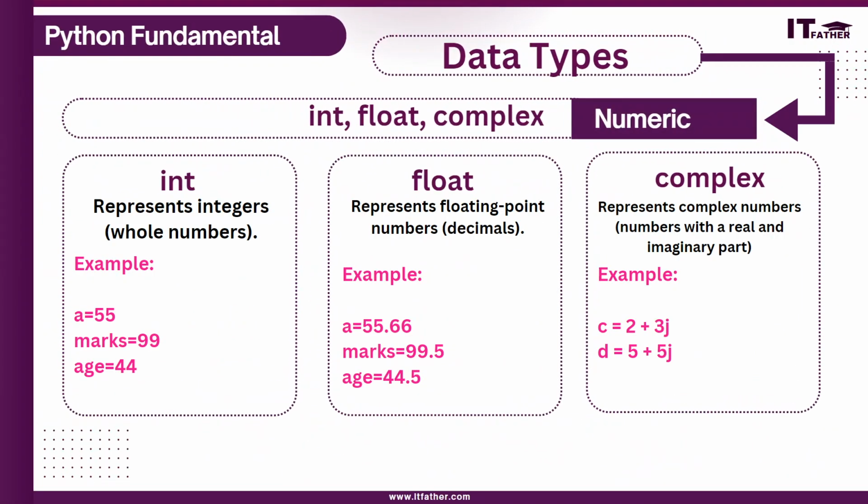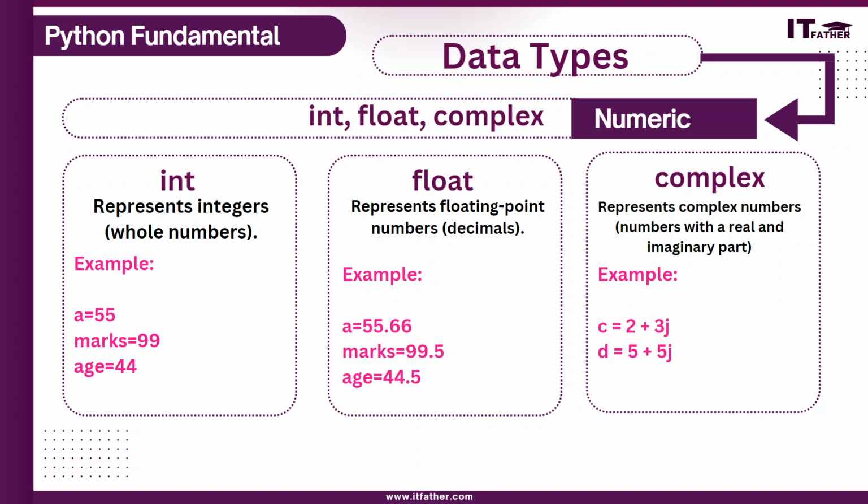Now, let us understand the numeric data types, int, float and complex, right? First of all, int means integer. Int always represents an integer. Although we are not bound to use the int keyword or float keyword or complex keyword, we are not bound to specify the type of data.